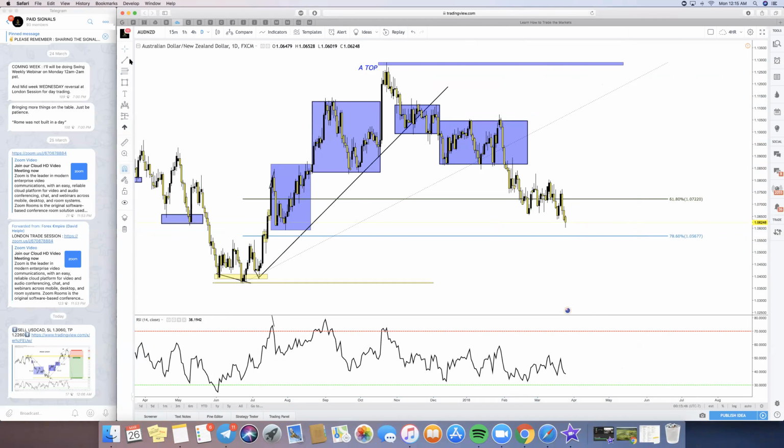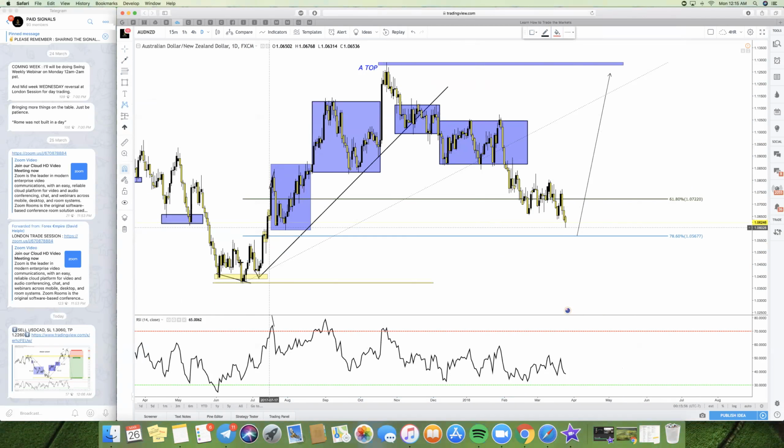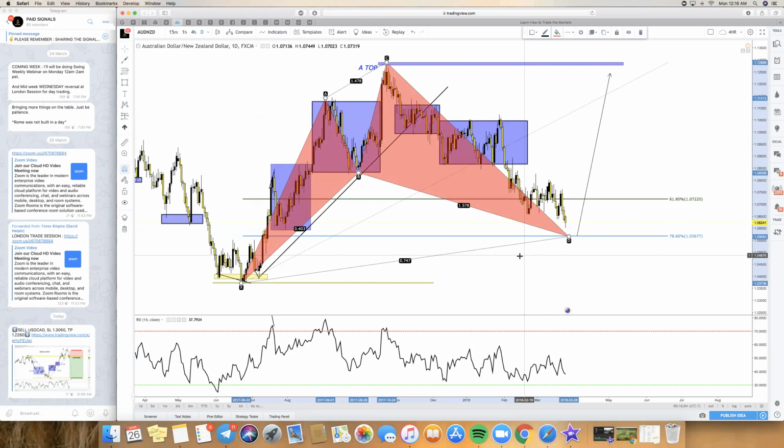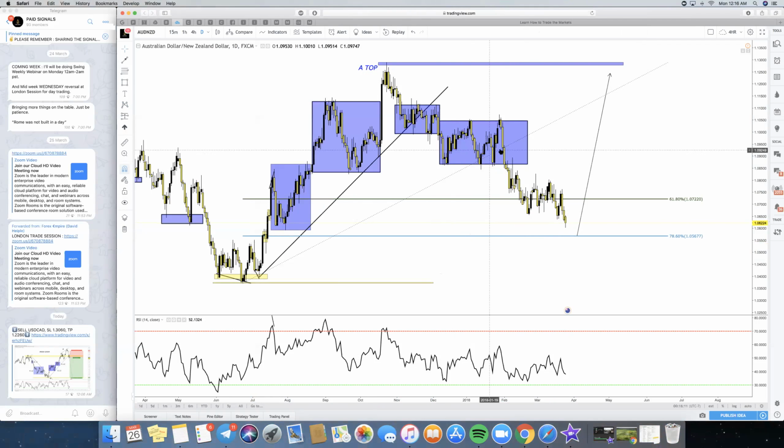Most likely 78.6 is the one I'm going to be looking at for a reversal, because right about here I can see a harmonic pattern, at 88.6. So all we've got to do is wait it out and see how the market plays out.